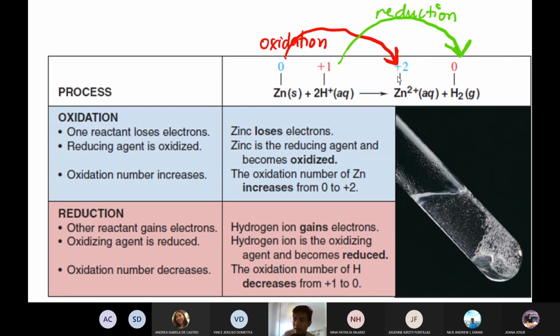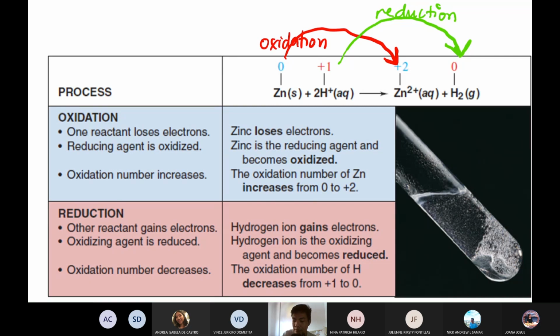So zinc lost the electrons, oxidation. Hydronium ion accepted the electron, so it is reduced to H2 na lang. So ganun, you will keep track of the oxidation numbers. No? Pag tumaas yung oxidation number, oxidation reaction yon. Pag bumaba yung oxidation number, reduction reaction yon.